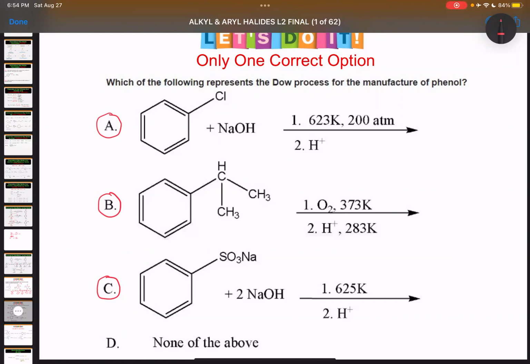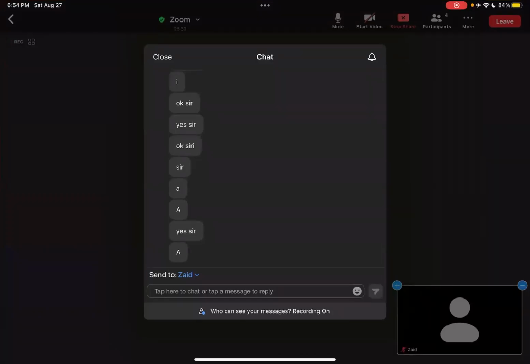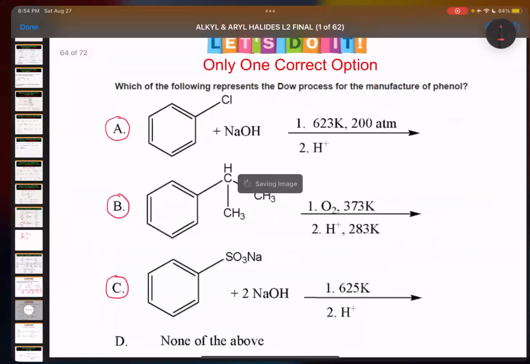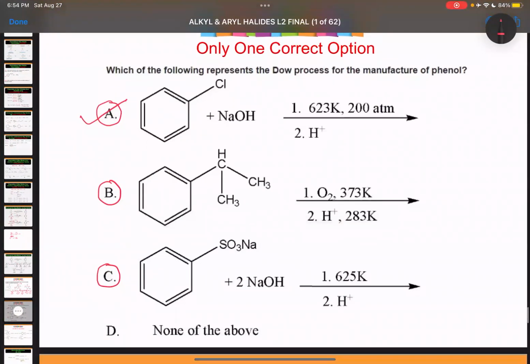This is very important, you just need to know the name. It is option A. Correct, chlorobenzene is the Dow's process. And what is the name of B? This B is also very famous and has a very special name.